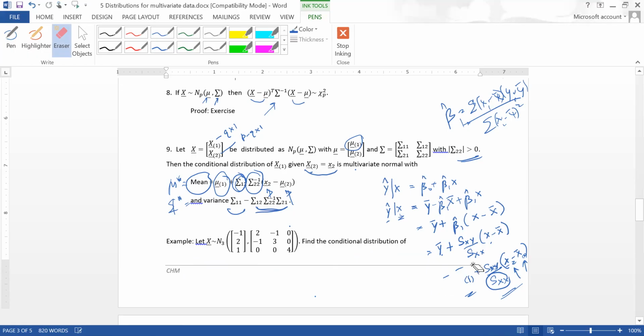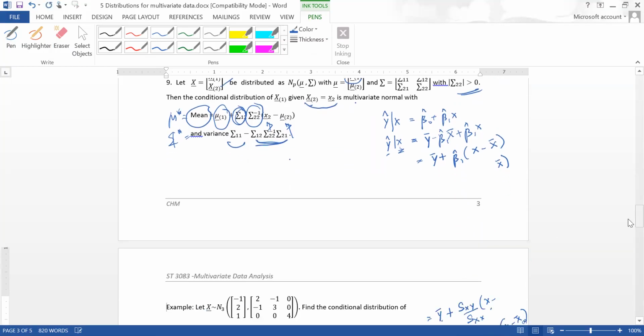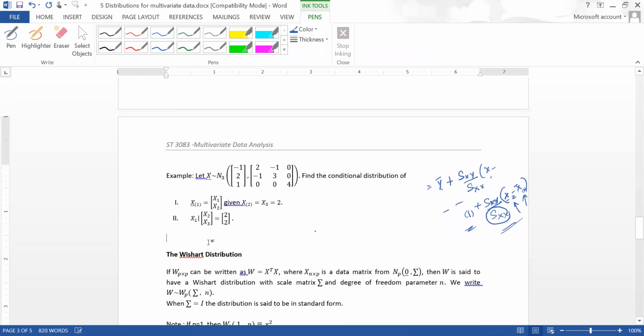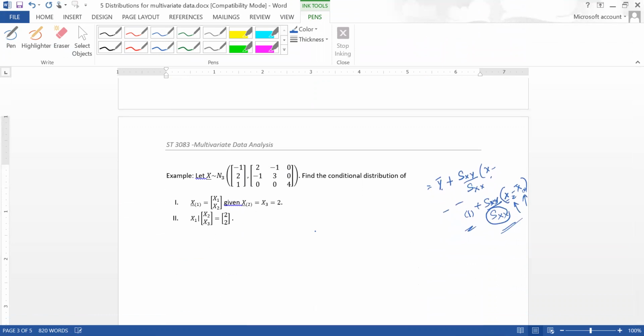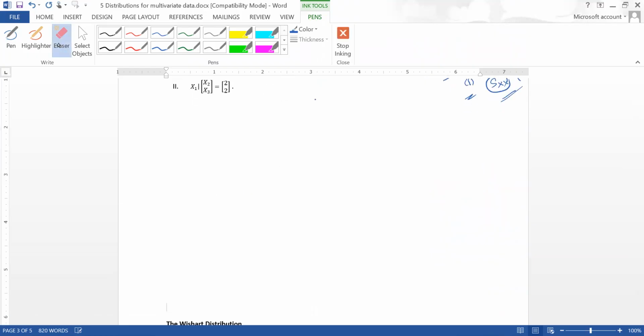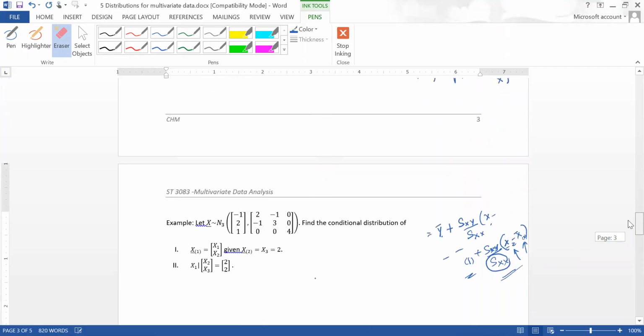Okay, find the conditional distribution of x. Now this is the original distribution I have given. Let x be again a 3 by 1 vector, x1, x2, x3. Those are the components, right?